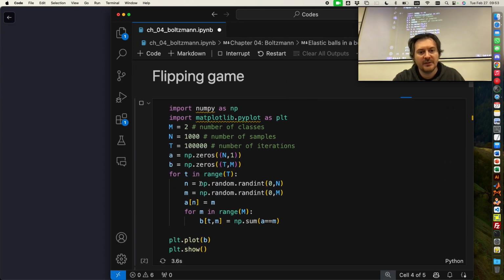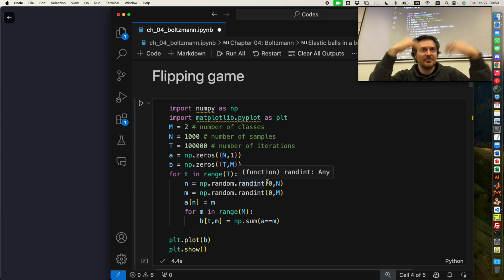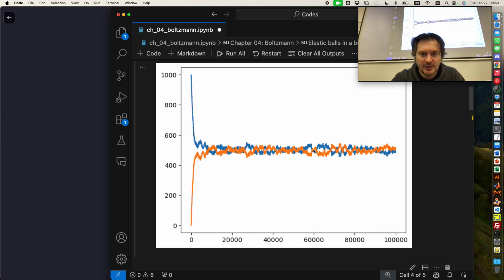Of course, this is a very bad way of getting random numbers, each time calling a function to get one random number, but whatever. Do you see the fluctuations? Sometimes zeros win, sometimes ones win, but otherwise it just remains there, right?